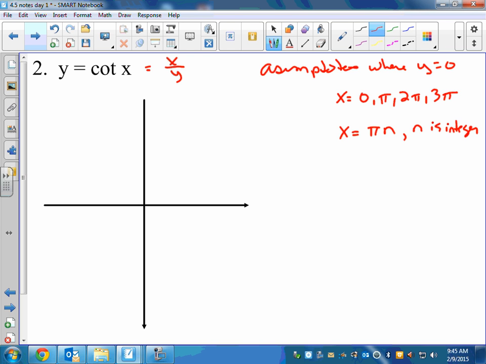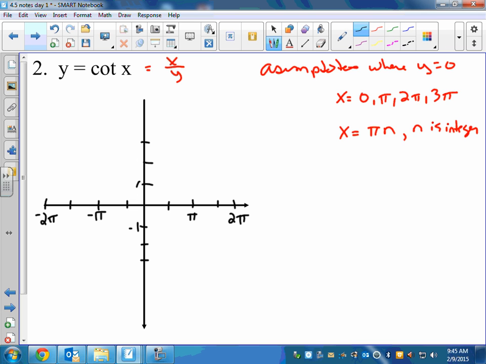So that means if we go like we did before, our first one from negative 2 pi to 2 pi, there are going to be asymptotes on cotangent at every multiple of pi, which means the y-axis is an asymptote.